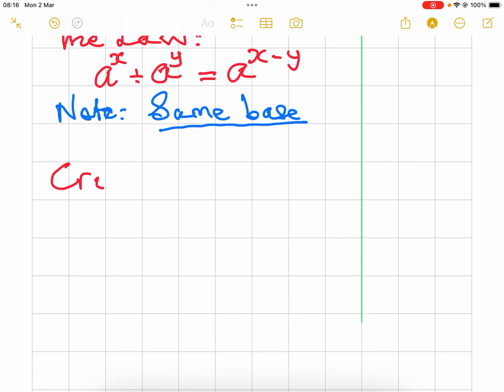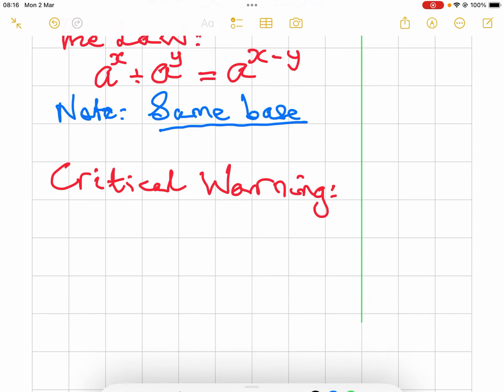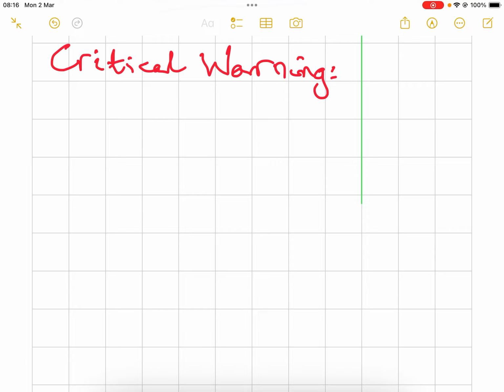So let's look at this critical warning. When you have x raised to power 5 divided by y raised to power 2, can we subtract 2 from 5?